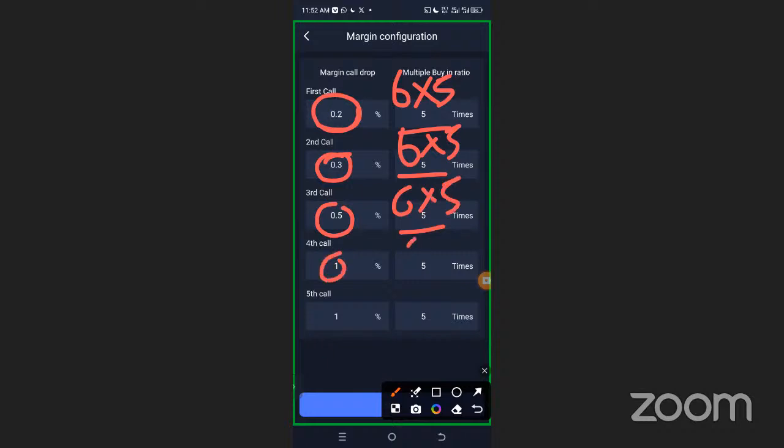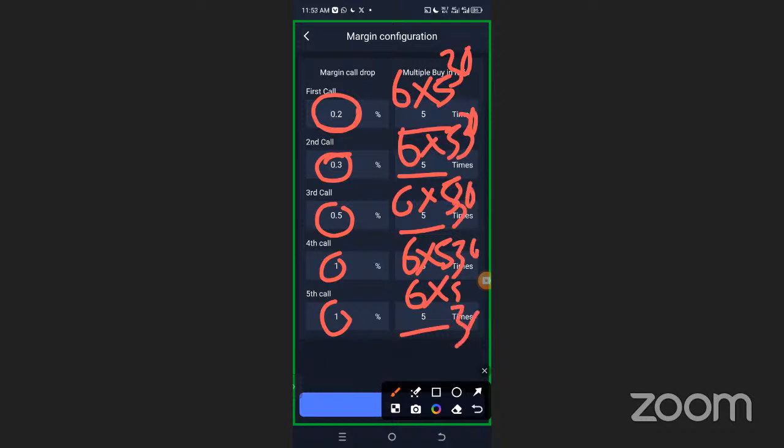Again here, it is 6 times 5. 6 times 5 is 30. Even here 30, even here 30. Meaning that the robot is buying 5 times: 1, 2, 3, 4, 5.